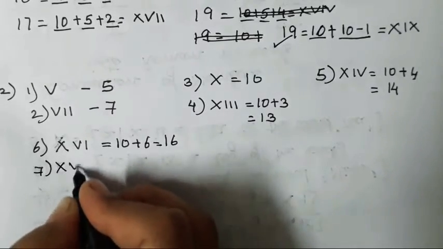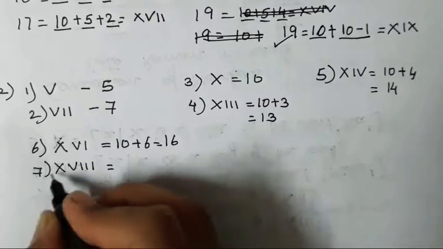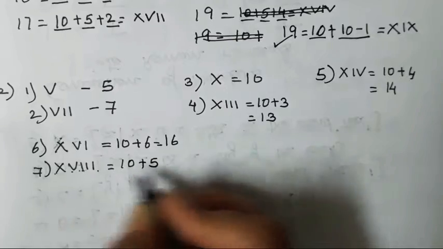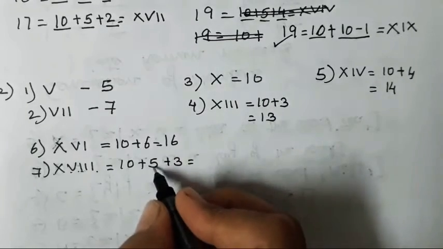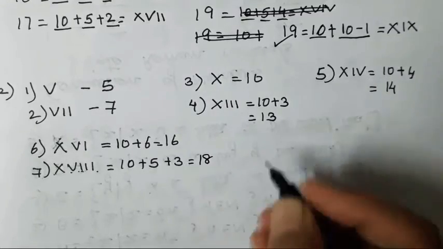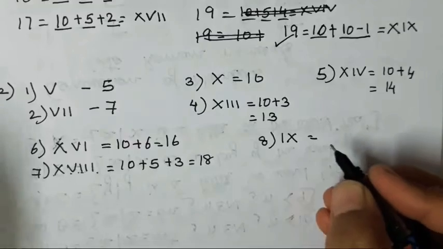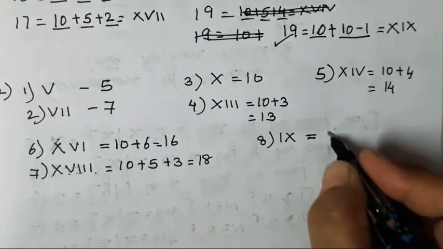Seventh one is X, V and triple I. So 10 means X, 5 means V, 3 means triple I. So this will be 10 plus 5 plus 3, 18. And the eighth one is IX. Okay, so this we can directly read it, no need to break it. So 9.